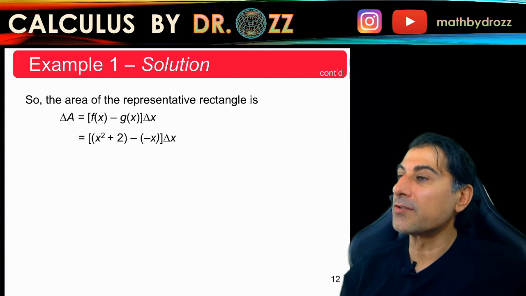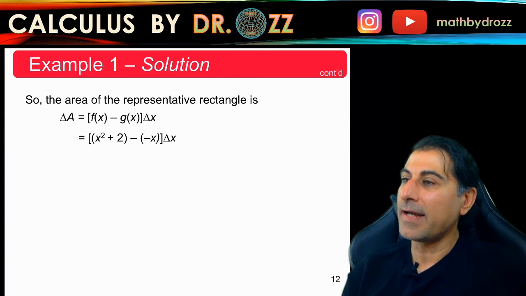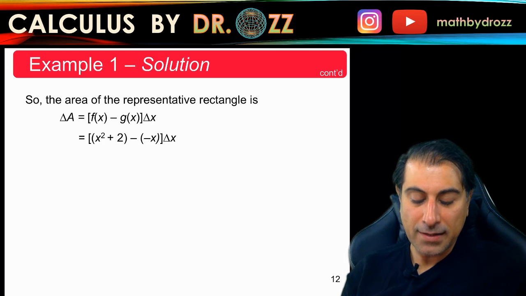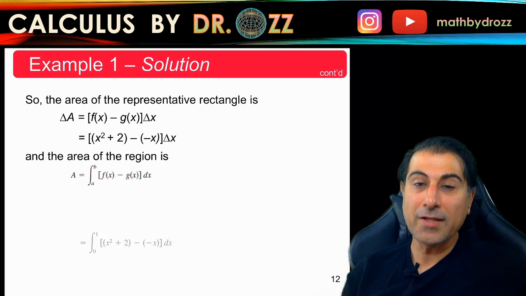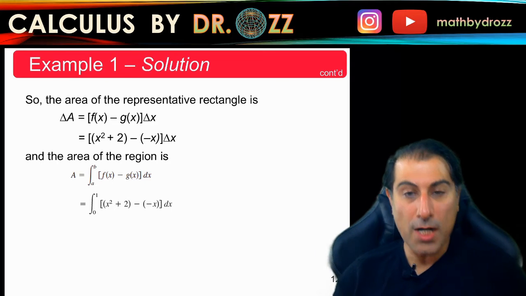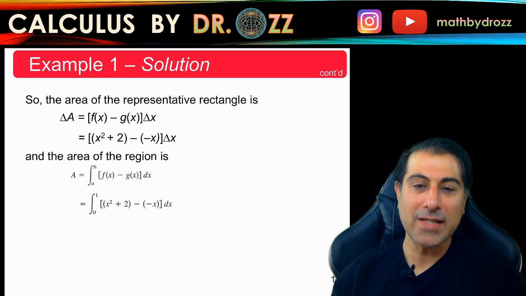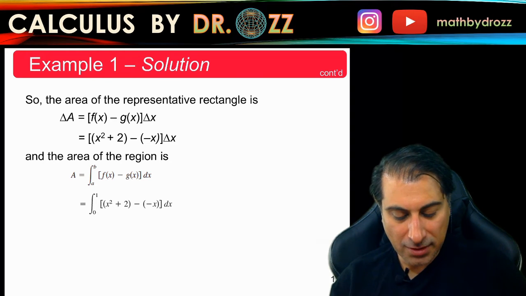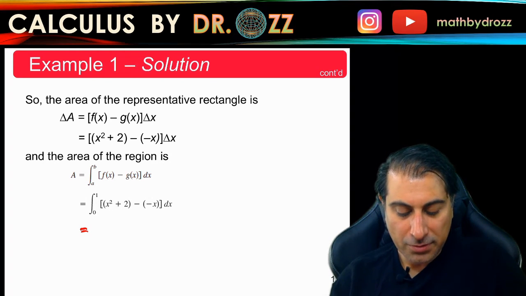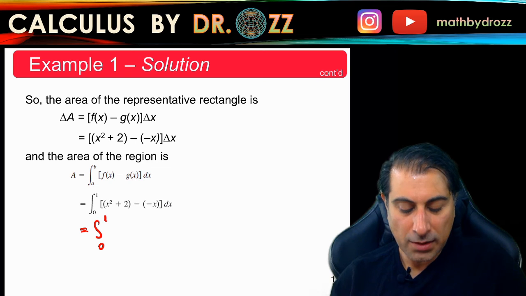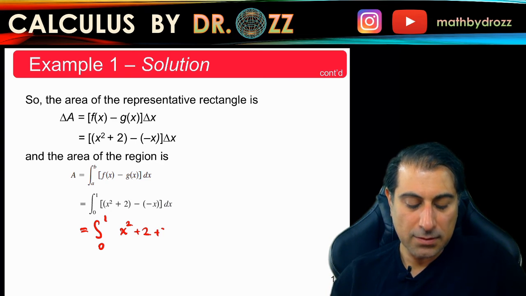That's x squared plus 2, and g of x is negative x. So you simplify that, and you have the integral from 0 to 1, x squared plus 2 minus negative x, dx. And let's just calculate this together. So here we go. This is the integral from 0 to 1, x squared plus 2 plus x dx.